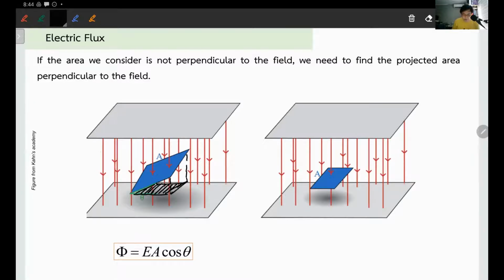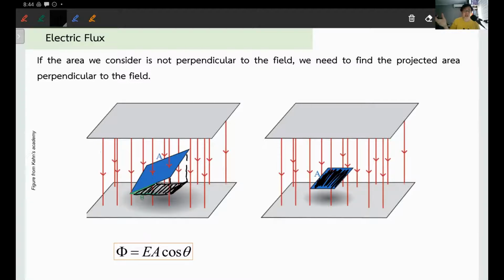I try to draw this one in a black color. So actually what you see on the right is the shadow casting on the actual area, the blue one, by imagining that the electric field direction is the direction of the light.